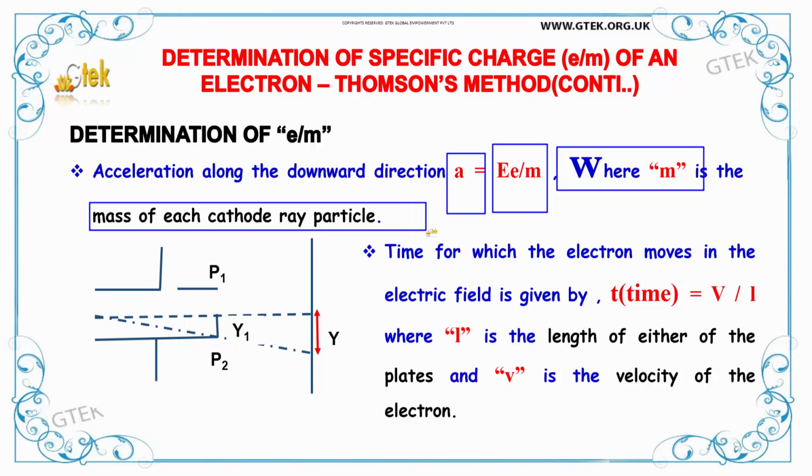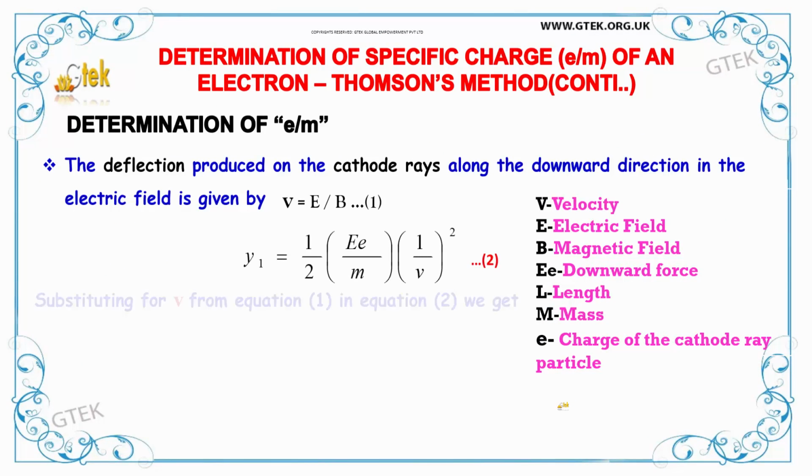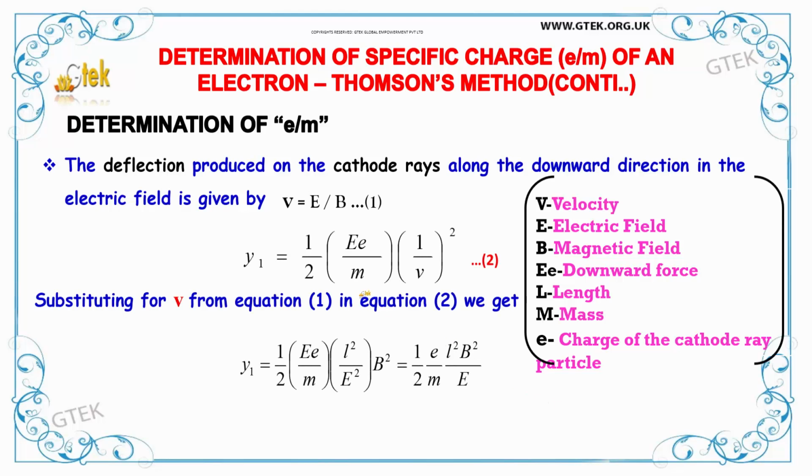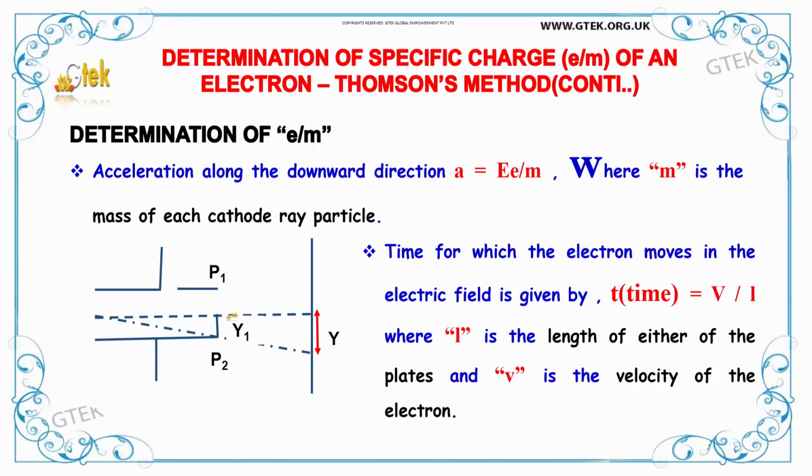The time for which the electron moves in the electric field is t equal to L divided by v. So L is the length of either of the plates and v is the velocity of the electron. So if you talk about determination of e divided by m, this is the formula. The deflection produced on the cathode ray along the downward direction is given by y1. What do we mean by y1? y1 is nothing but the distance here.